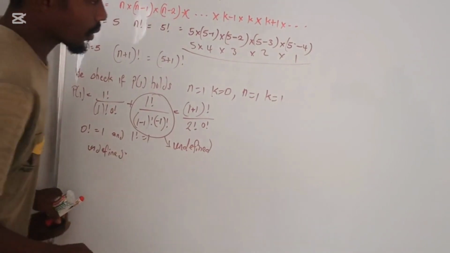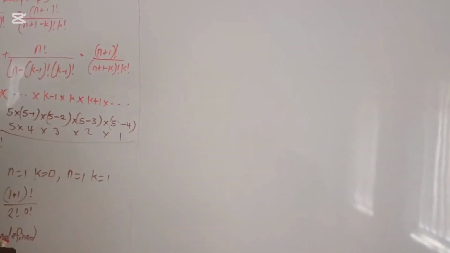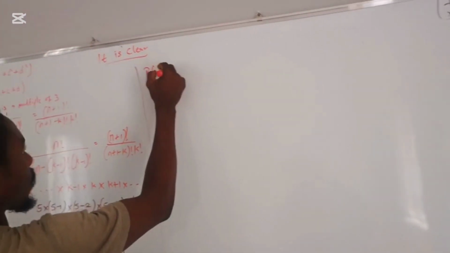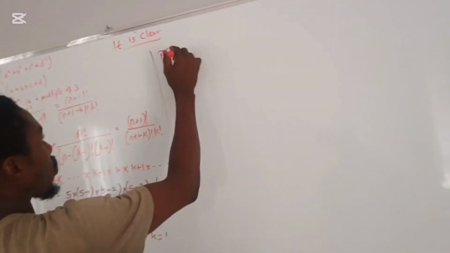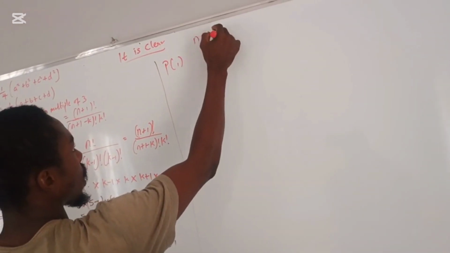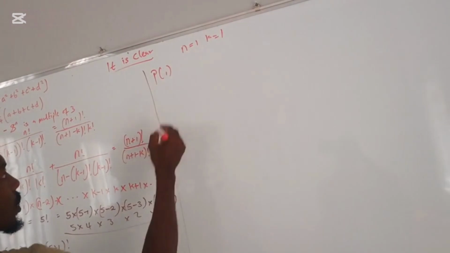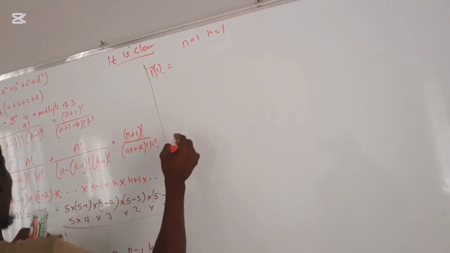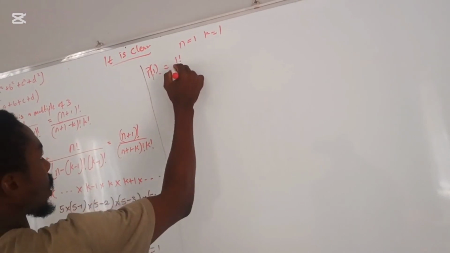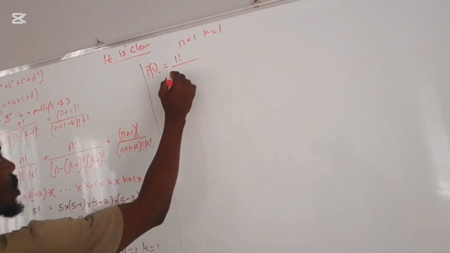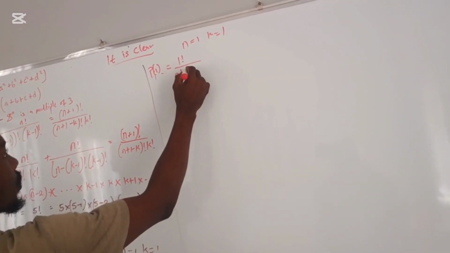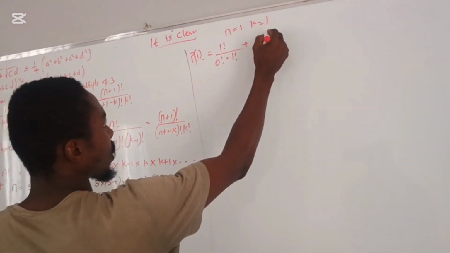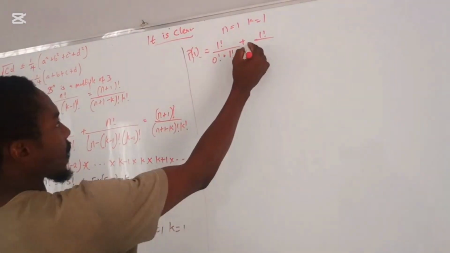Alright, so the next one we're going to check is, for P of 1, n equals 1, k equals 1. So now we are still in P of 1. We have n equals 1, this is 1 factorial all over (1 minus 1) factorial, which is 0 factorial, times 1 factorial, plus 1 factorial over here.